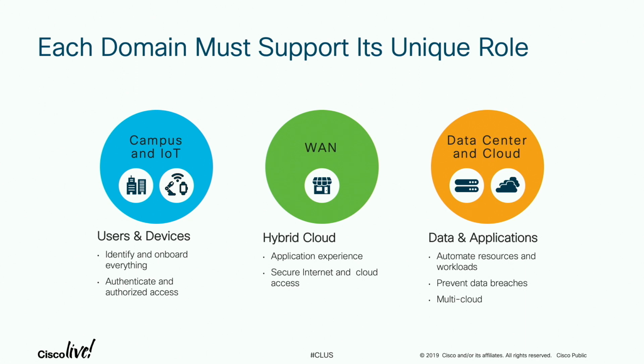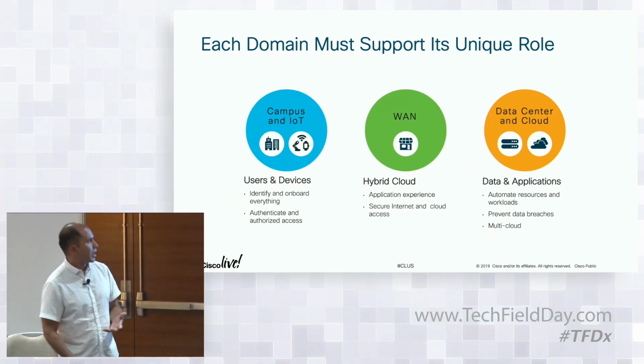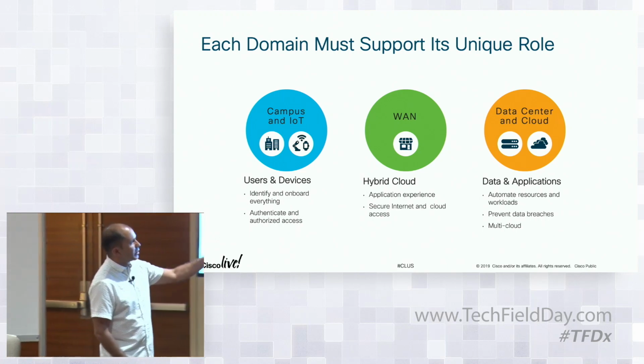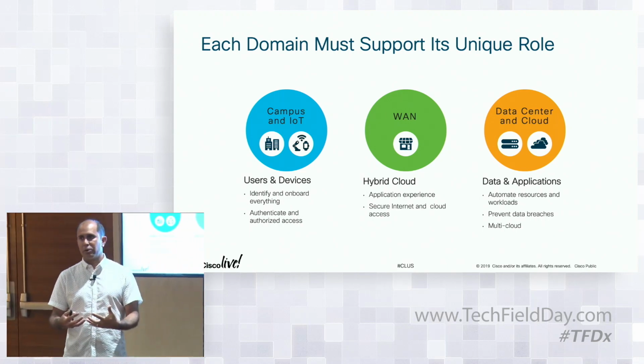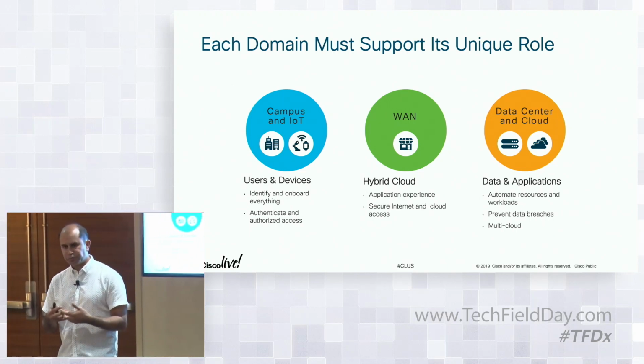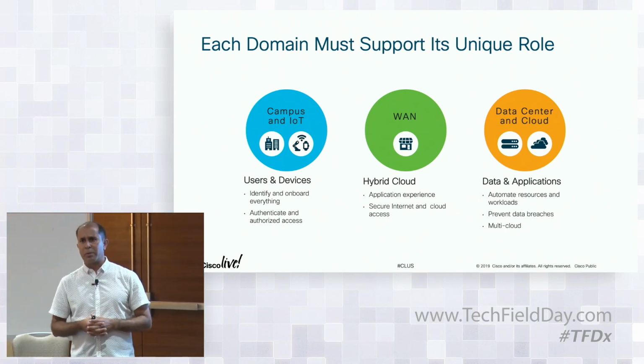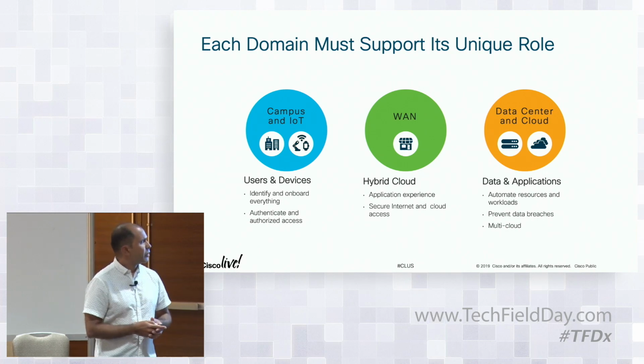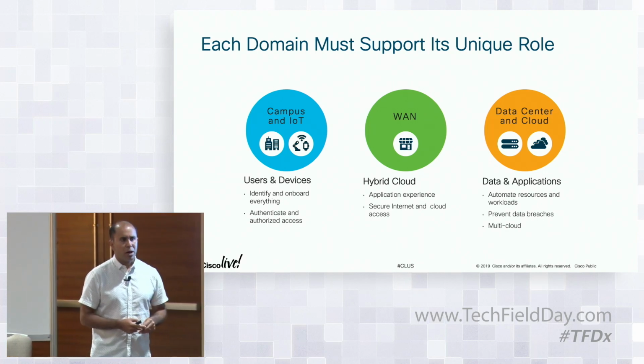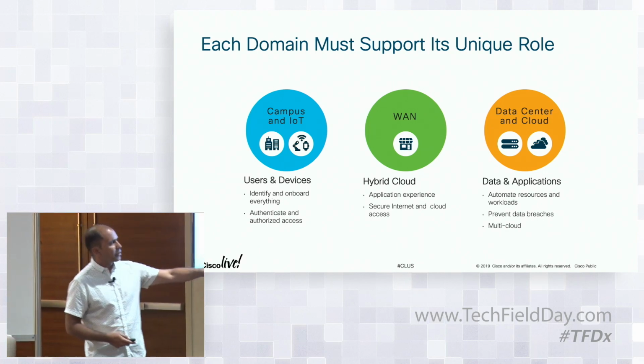In the campus, you will see that we are very focused on identifying and onboarding devices. It's not a trivial task. The nature of the devices keeps growing and varying. In the data center, we have to integrate with all the tooling and all the ecosystem of different compute environments, whether it's virtual machines or containers, whatever we may have there.